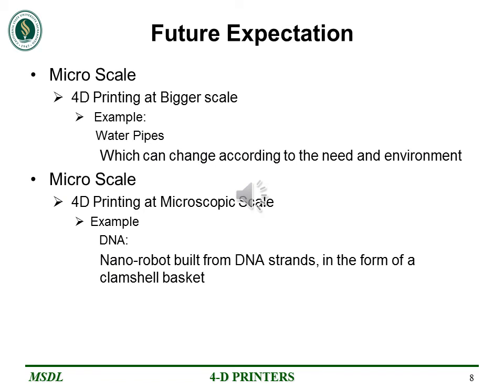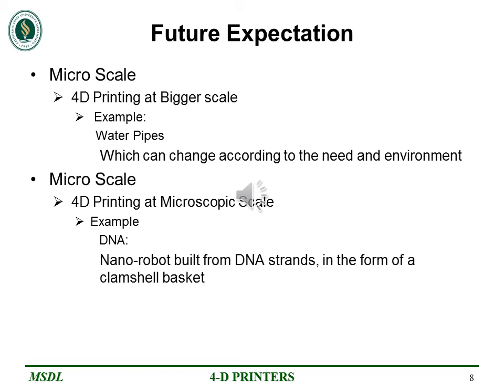Now, if we talk about the future expectations of 4D printing technology, there are many. Scientists are trying to build macro-scale 4D printers, which means 4D printing at a bigger scale. This is very useful, and one example would be self-assembled water pipes. The water pipes which we use nowadays are finite in capacity.